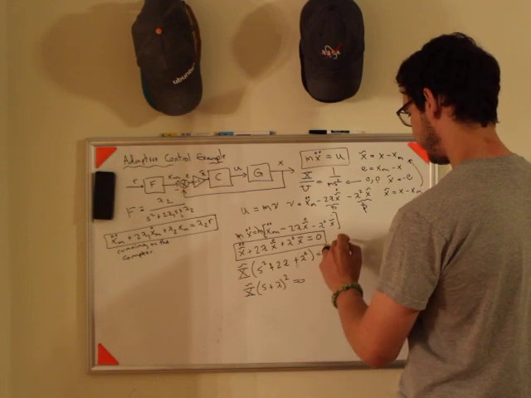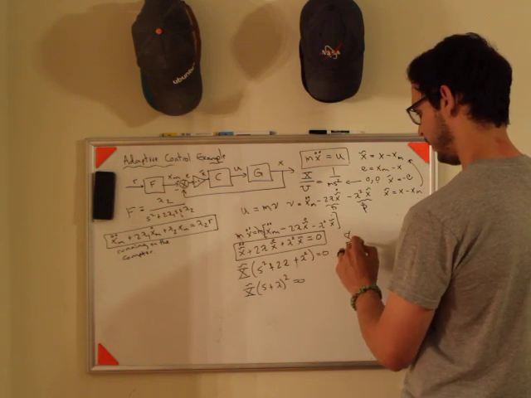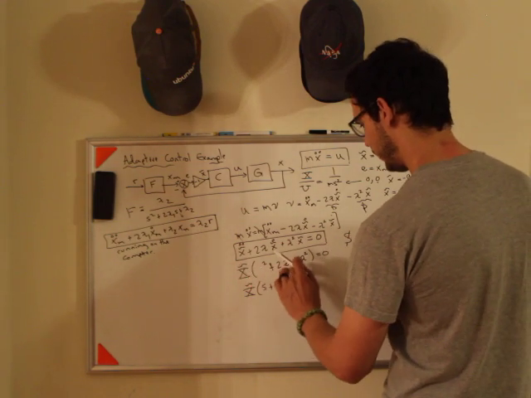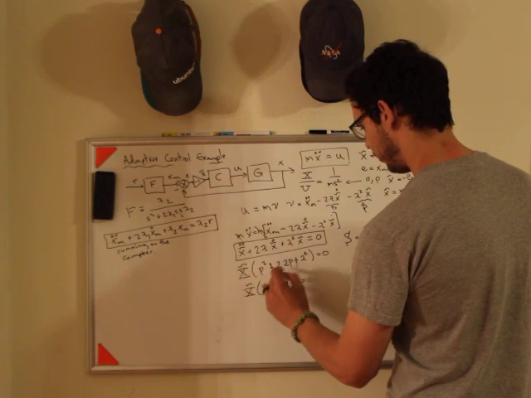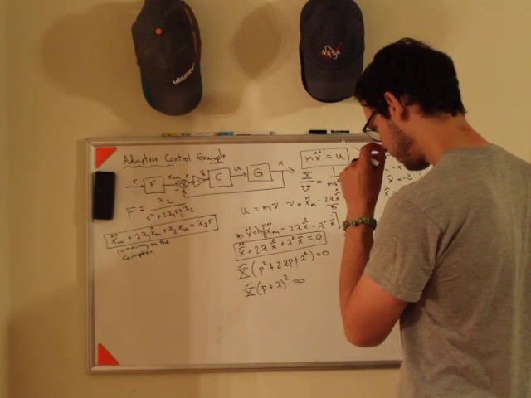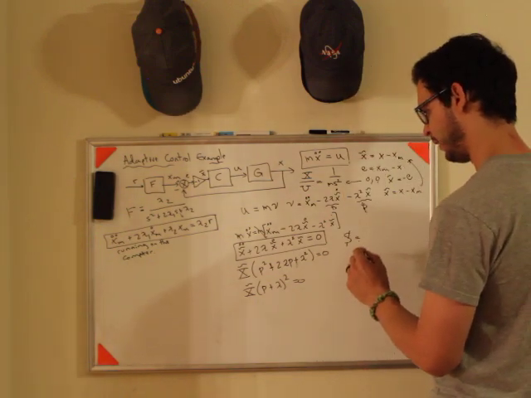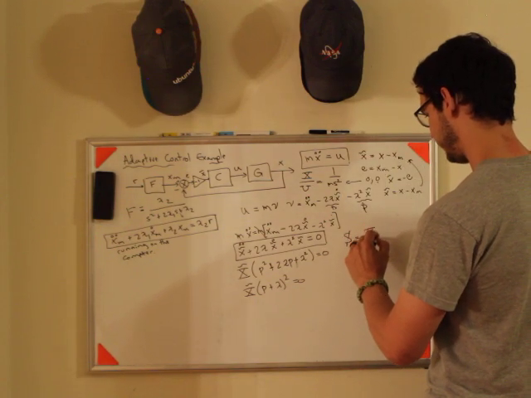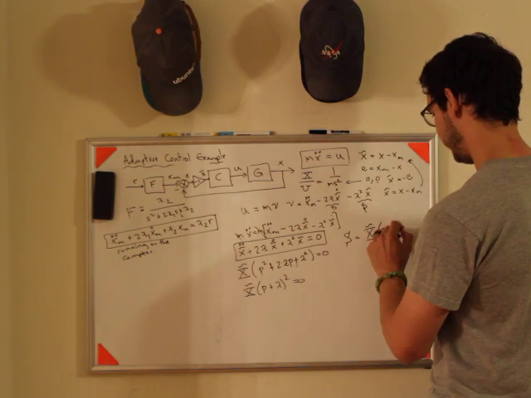And so what I'm going to do is let s equal, oh sorry, I need to use p, so p is my Laplace variable. I'm going to let capital S equal x tilde times (p plus lambda).